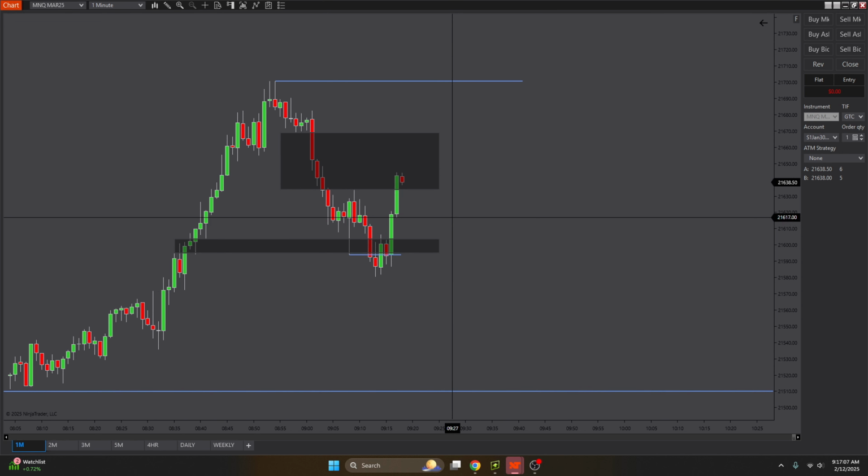So we get in at 17,117, which would be that. We risk it. So we're risking about 31 points if we get in right here. Grab that. I think I'm going to see higher prices here.